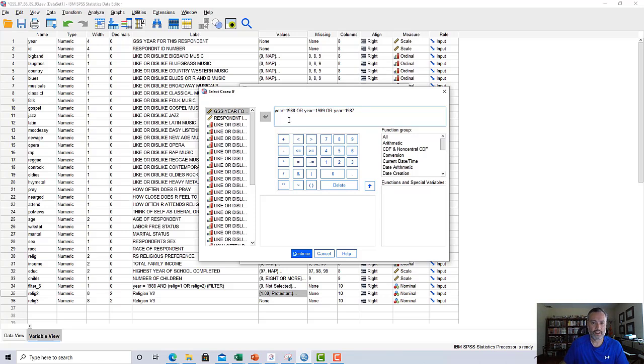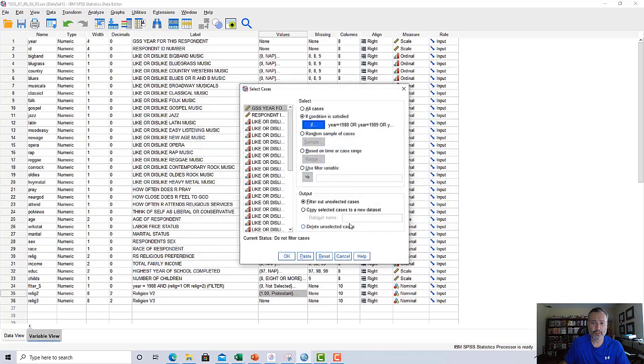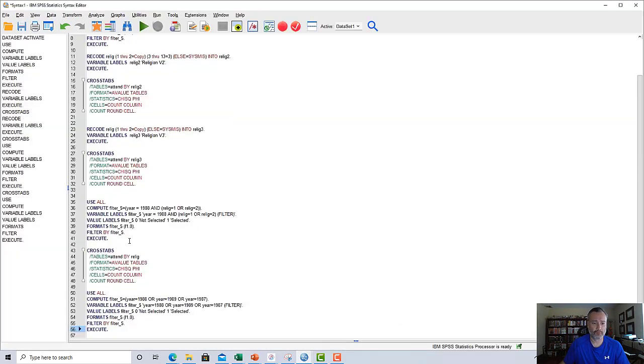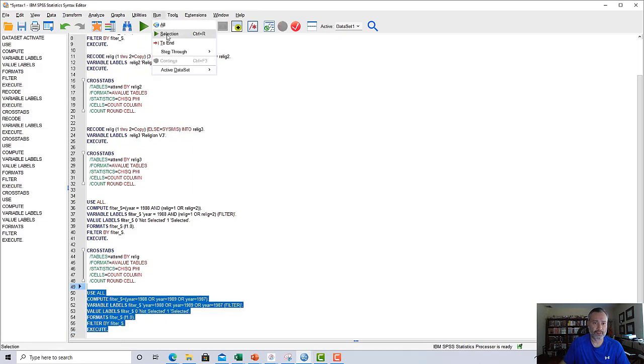Okay. The spaces before and after the equal sign don't make a difference, in case you were wondering. Click continue, and then I will click paste, and you'll still see the syntax from the homework review, but this is the new syntax right here. And so I will run that selection.